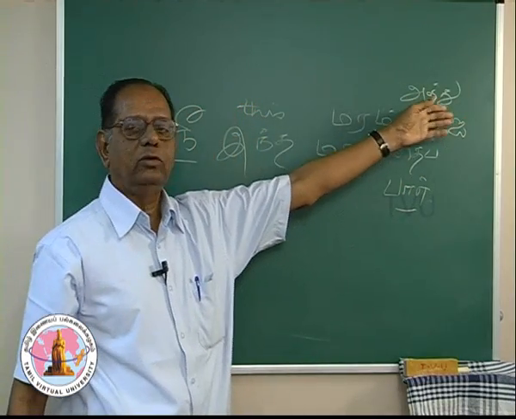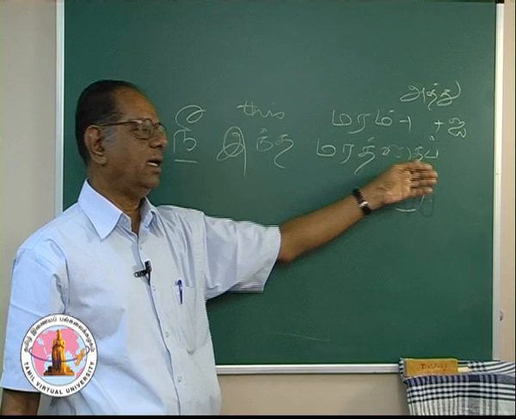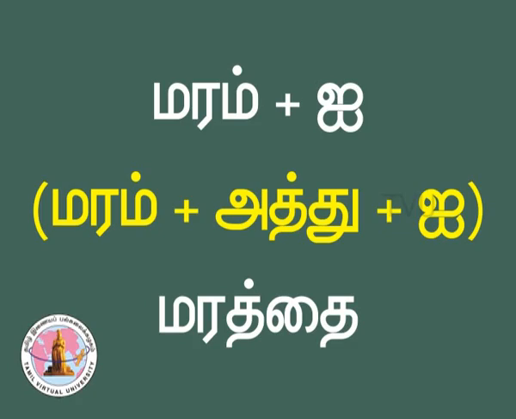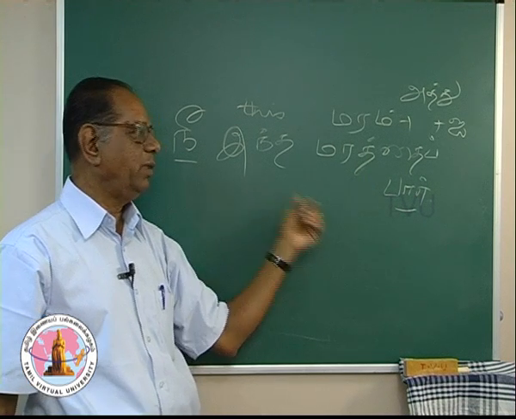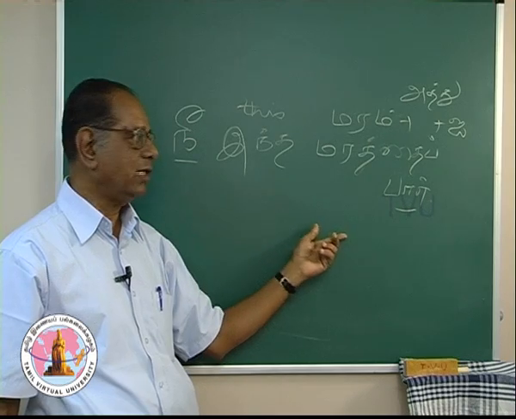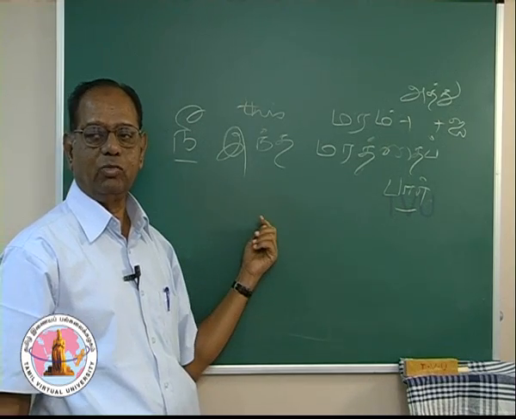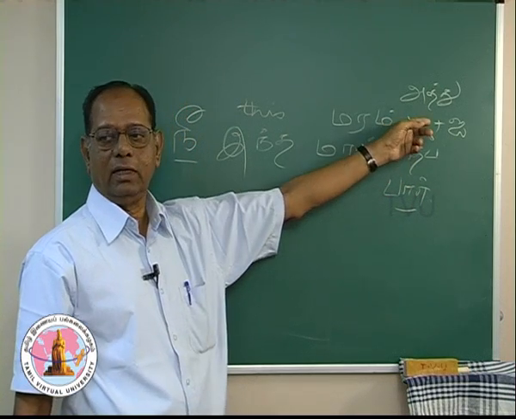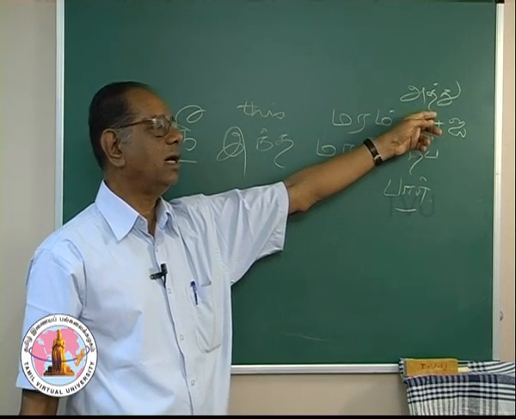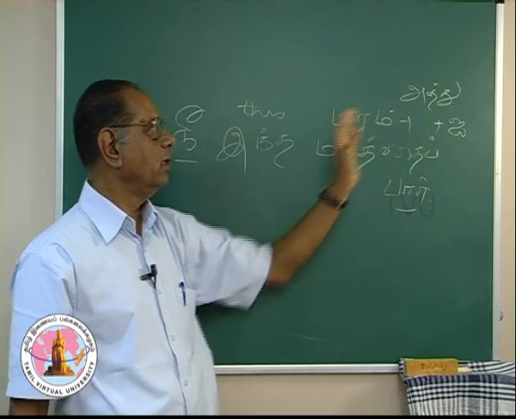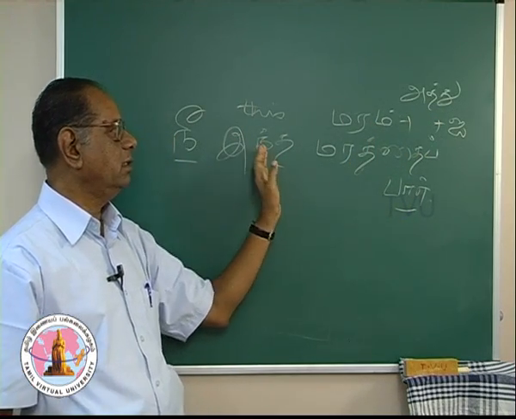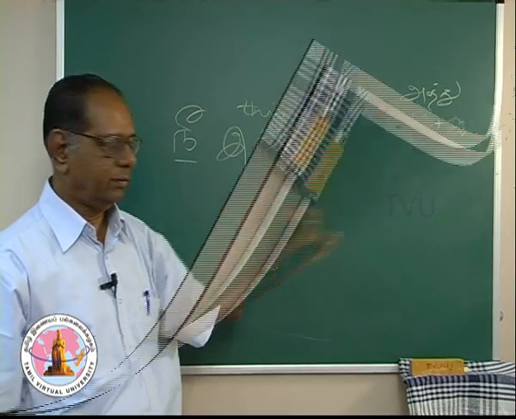Maram plus attu plus I, marathai is another example. In the previous sentence we saw a natural combination of the case marker. Here, along with the case marker, we have to take another suffix. இந்த மரத்தை பார். நீ இந்த மரத்தை பார்.